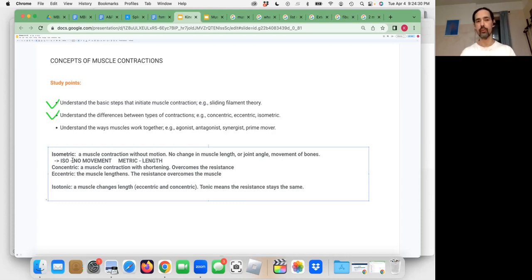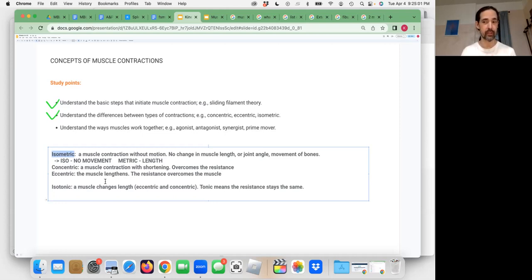So no movement in the length, no change in the length, isometric. With concentric, you have shortening. With E, like EC, ek, it means away, so lengthening, the two ends of the muscle going away. So eccentric, lengthening, concentric, shortening. Isometric, no change in the length.